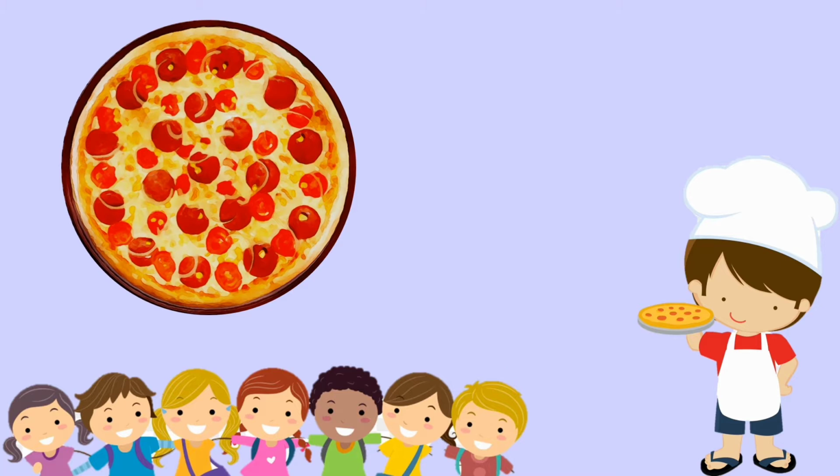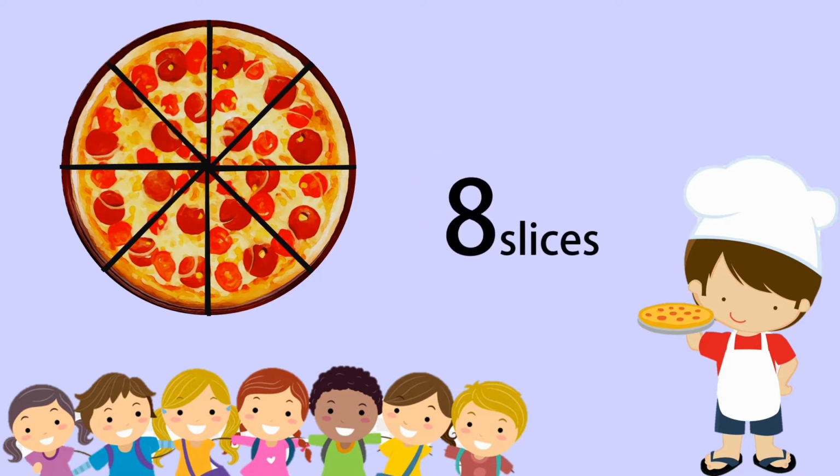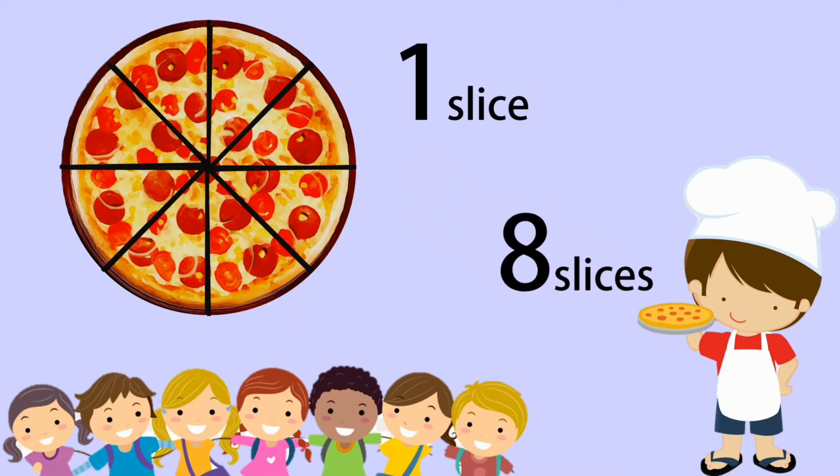So for them to have an equal share of pizza, we need to divide the pizza into 8 slices. 1, 2, 3, 4, 5, 6, 7, 8. So each of them will have one slice of pizza.